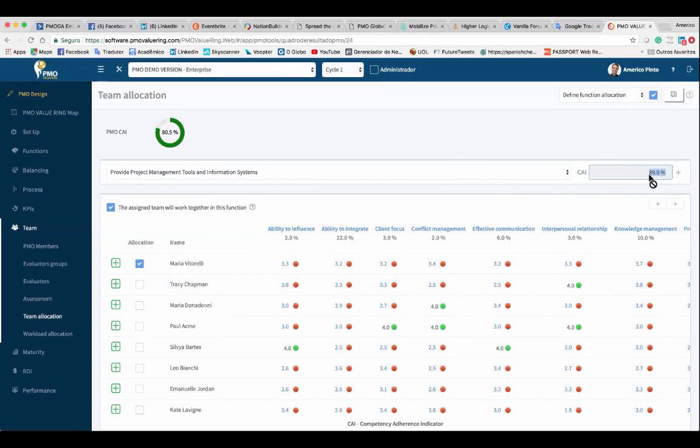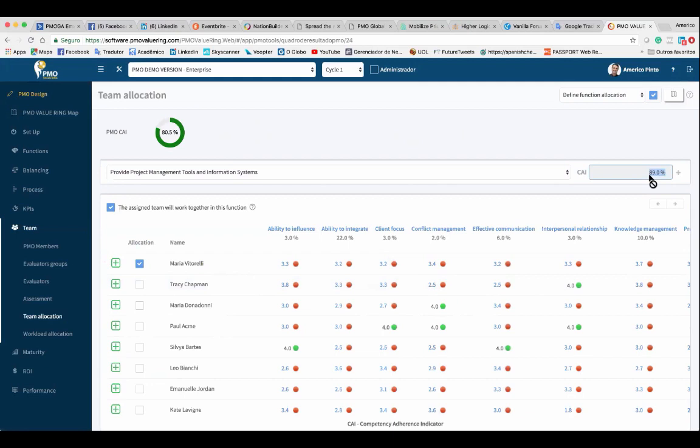The CAI for the function will be a combination of the CAIs of the team members that you are assigning to the function. I told you that if they are working together, helping each other, we will take the best competences of each one.